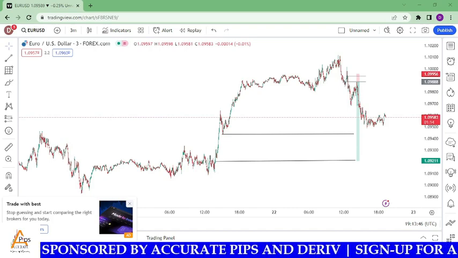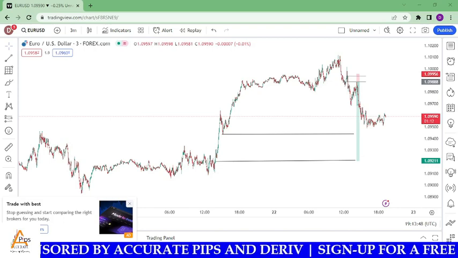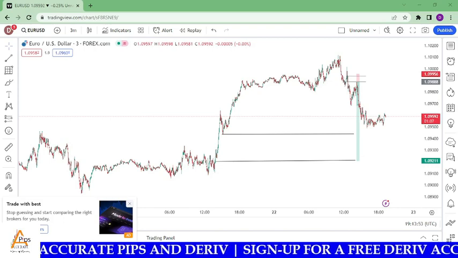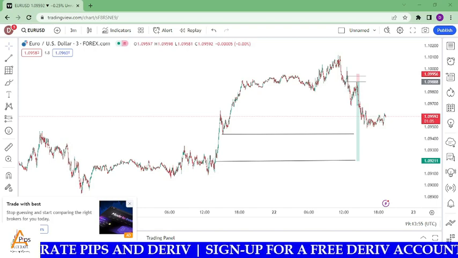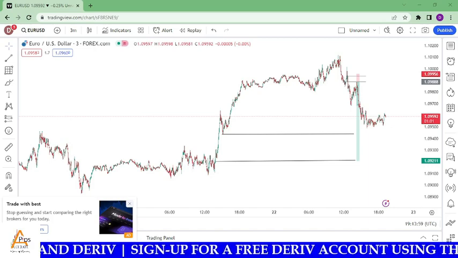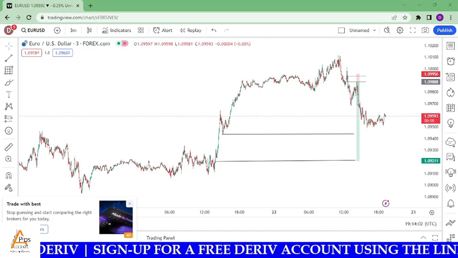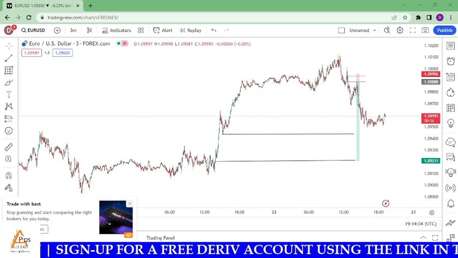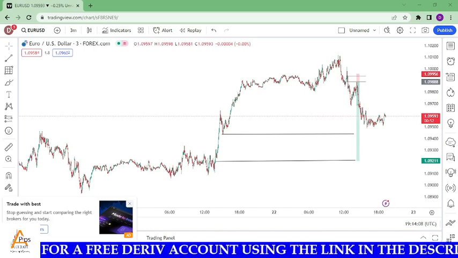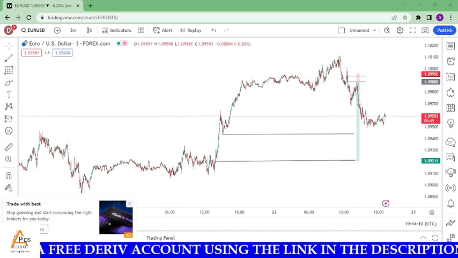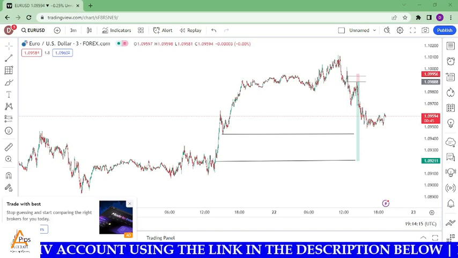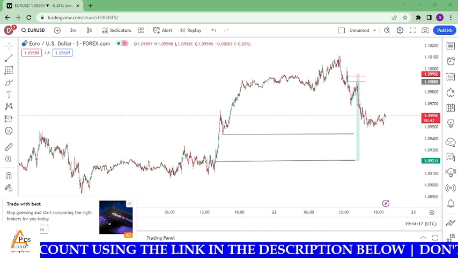Now we can use this market structure to determine when the market is trending upward, downward, or sideways. Sideways also means ranging or consolidation. So if we say the market is trending sideways, it also means ranging or consolidation. And when the market is about to end a particular trend and begin another, market structure helps us to determine all these things.